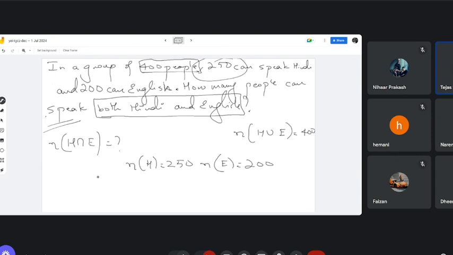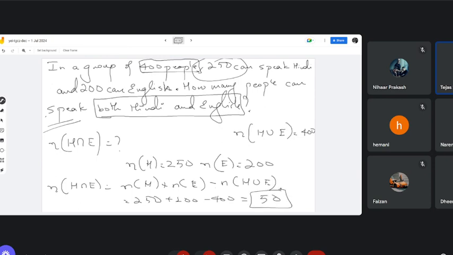Now, we have the formula, which you obviously know. N of H intersection E is equal to N of H plus N of E minus N of H union E. 250 plus 200 minus 400. 450 minus 400, the answer is 50.